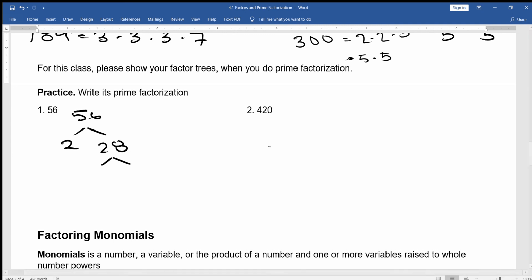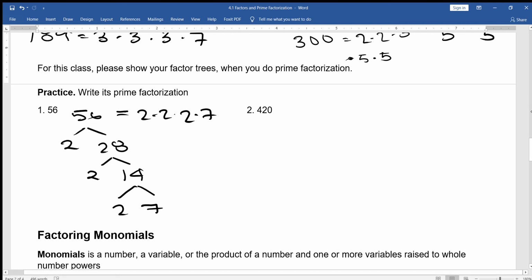Again, start with 2 again, and you'll get 14. Now focus on 14. This is simply 2 times 7. So 56 can be written as 2 times 2 times 2 times 7.